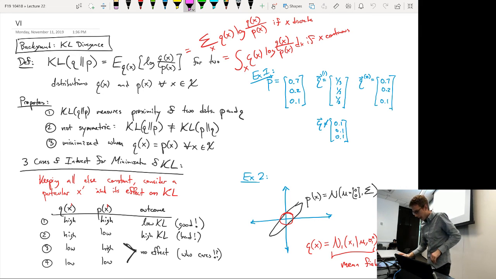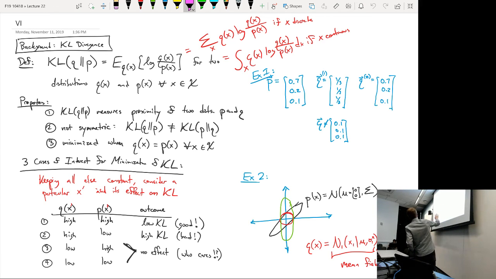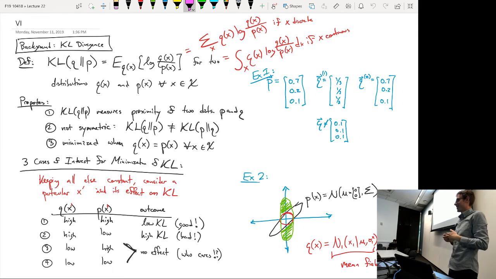But if it did that, if it looked something like this, say, well then, we have these regions out here and over here, for the green case, where Q of x is high, but P of x is low. And that is going to push the KL divergence up. And so the distribution that it selects is actually going to be like this red one. Okay.